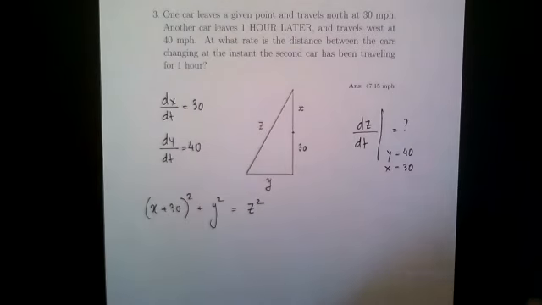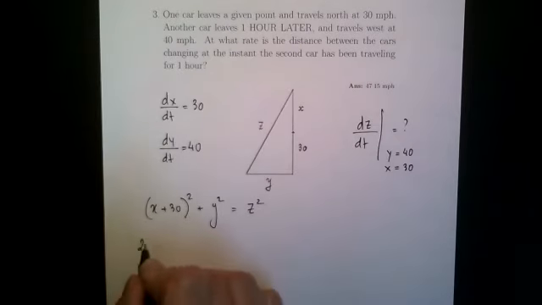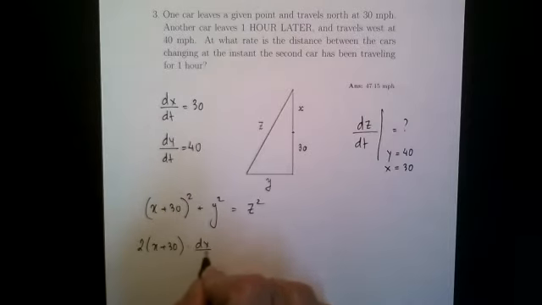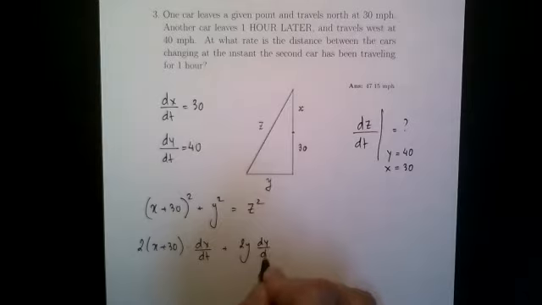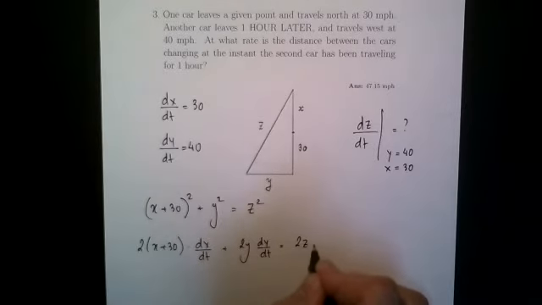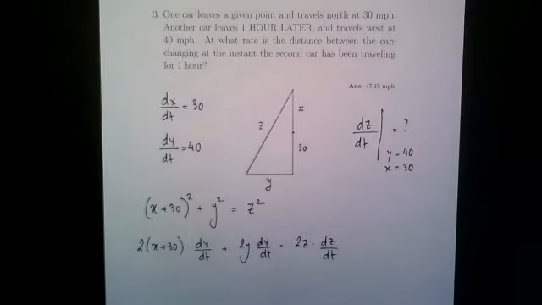And I'm going to find the derivative of everything. So 2 times (X plus 30) times dx dt plus 2y times dy dt is equal to 2z times dz dt. Okay? That's what you did, I guess?